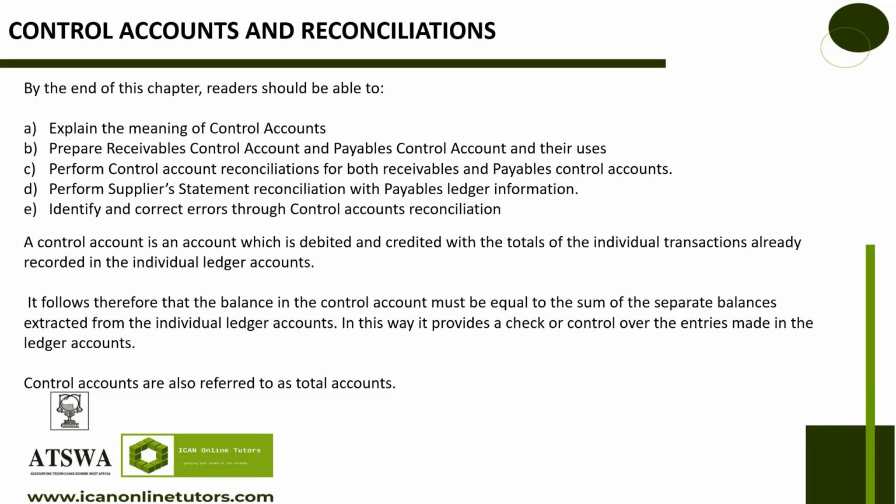They should be able to perform control account reconciliations for both the receivable and payables control account. They should also be able to perform supplier statements reconciliation with payables ledger information. And finally, we should be able to identify and correct errors through control accounts reconciliation.